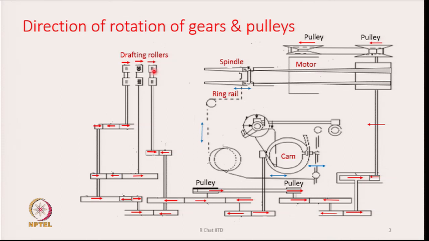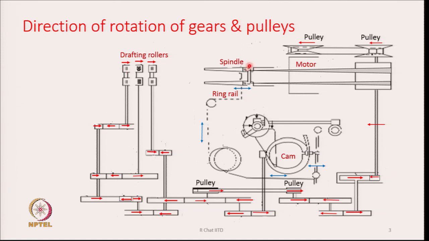Therefore, when we have 3 drafting rollers over here, they should be connected through a set of gears in this zone in such a way that the final direction of rotation of the front roller, the middle roller and the back roller are all in the same direction.